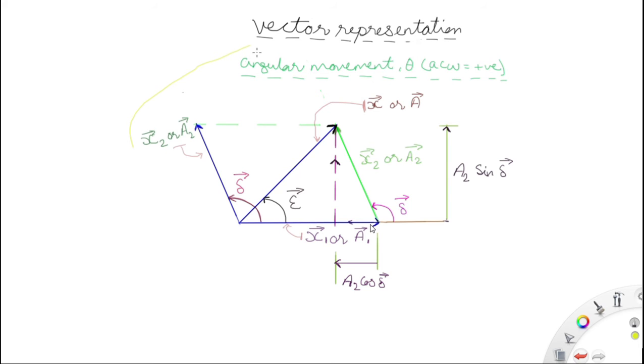If the magnitude is the maximum one, then it will be the amplitude, because amplitude is nothing but maximum displacement. Epsilon is the angular displacement, x is the linear displacement, and A1 is the amplitude of the linear displacement.